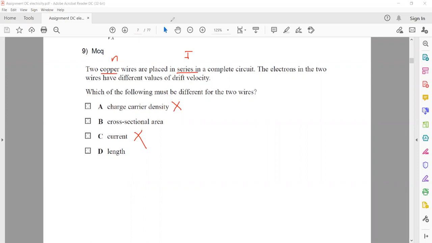Then the factor on which the drift velocity depends, we have the formula I equals nAQv. So basically drift velocity depends on the area through which it is passing. Current is the same, number of charge carriers is the same, Q is constant. So the thing which is different is the cross-sectional area. So B is the right answer.